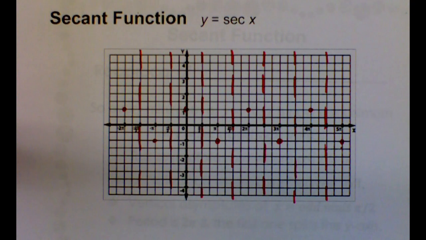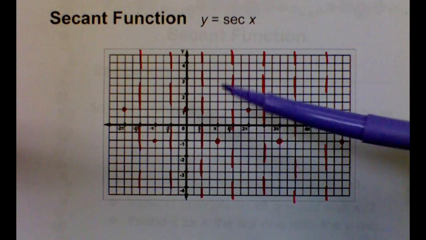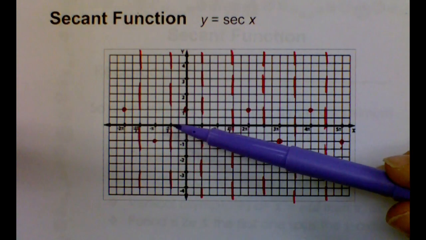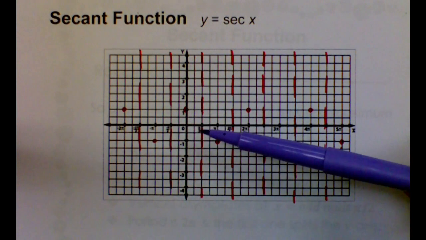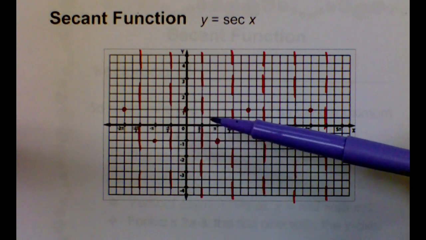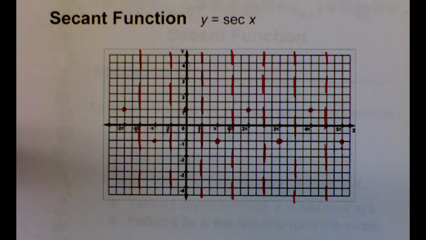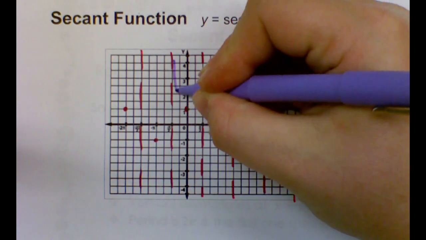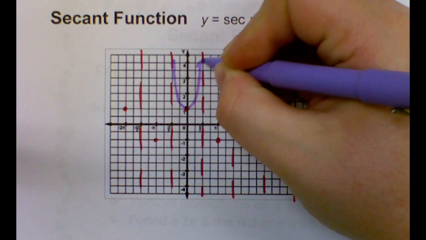Now the trick here is what this graph looks like. Because we have these points, but remember that an asymptote is something that you get really, really close to on either side. In between negative pi over 2 and positive pi over 2, cosine is always positive, which means our secant is always positive, which means it must look something like this.